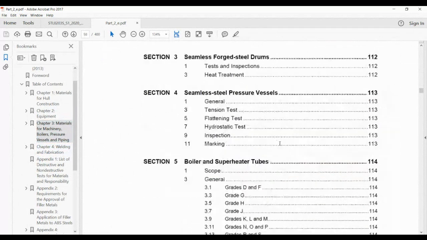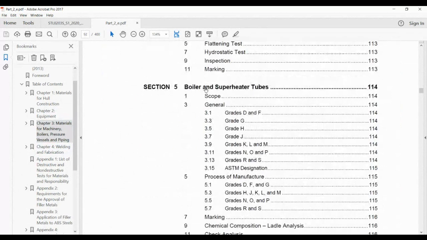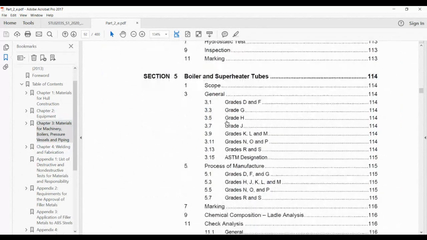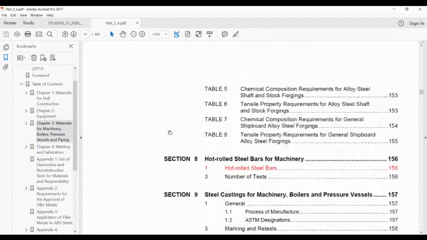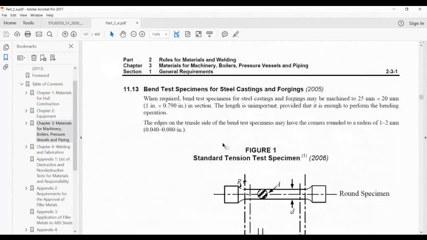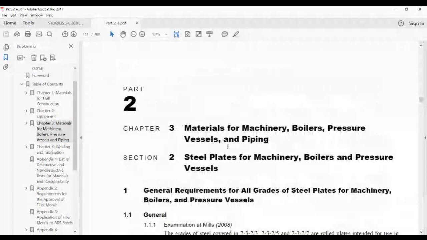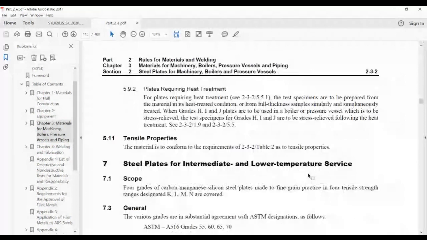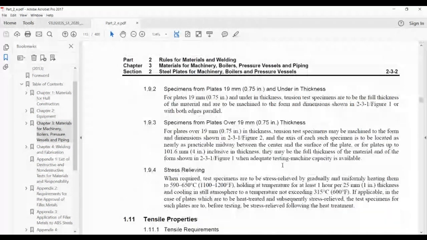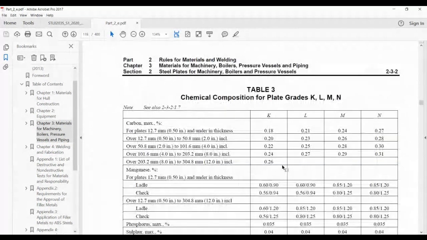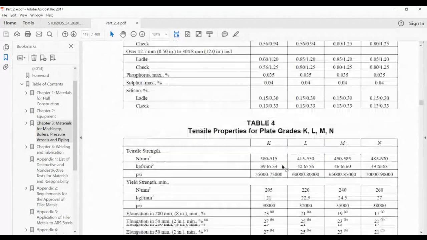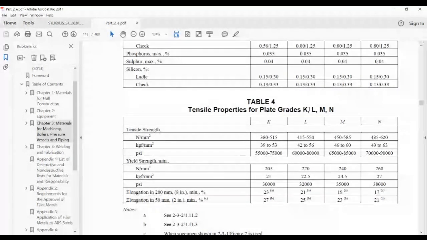What they talk about here, for instance, is the different grades of material. I'll quickly show you. So this is for boilers. I'll just quickly scroll. For instance, if you're dealing with plate grades K, L, M, and N, you've got a tensile strength of 380 to 505.